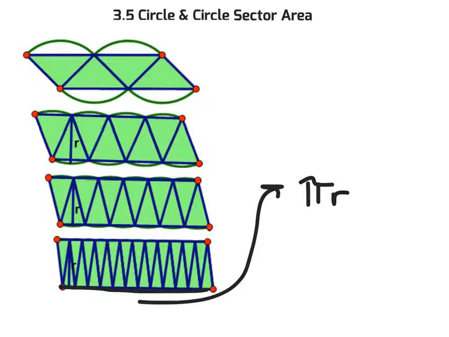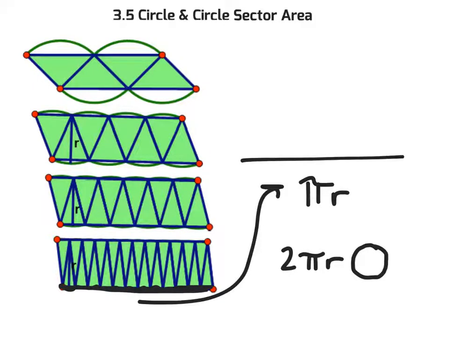Why would it be pi r? Well, 2 pi r is the entire circumference of the circle. But you'll notice we're only looking at half of the circle. The other half is up here, the little bumps are along here. So this is only half of it. So this dimension is not 2 pi r, just pi r.